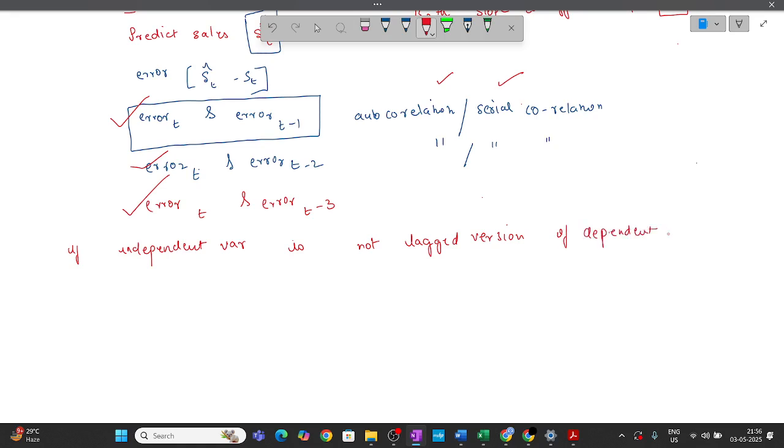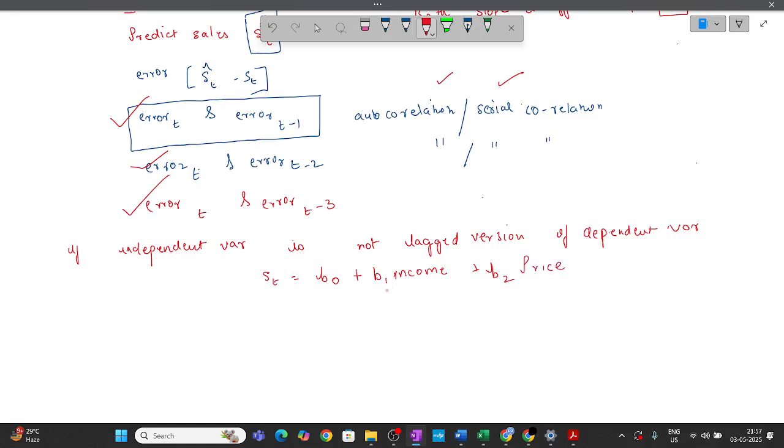So if my model looks something like this: sales today equals beta naught plus beta 1 into, say, income levels, plus beta 2 into, say, product price.